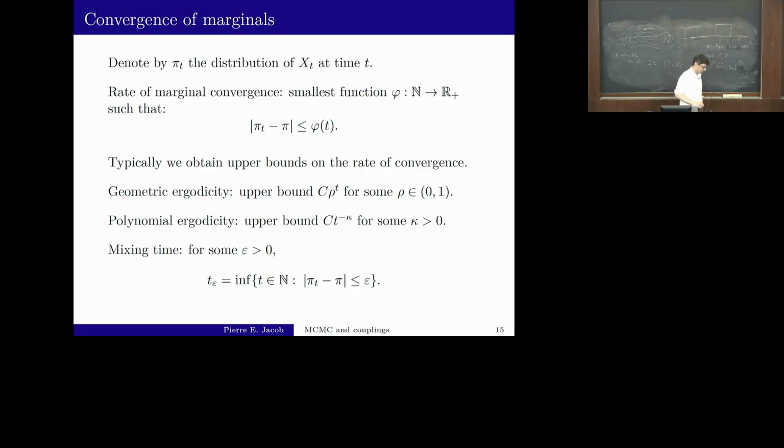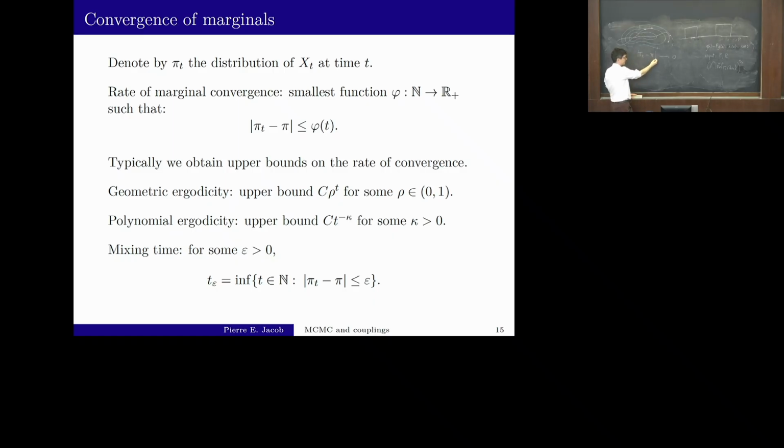Okay, so first, let me be a bit more specific than before about the distances that we're going to use and the type of result that we want to get. So we said convergence of the marginal is something like this. Now I'm going to be more specifically talking about the total variation distance and the one Wasserstein distance.